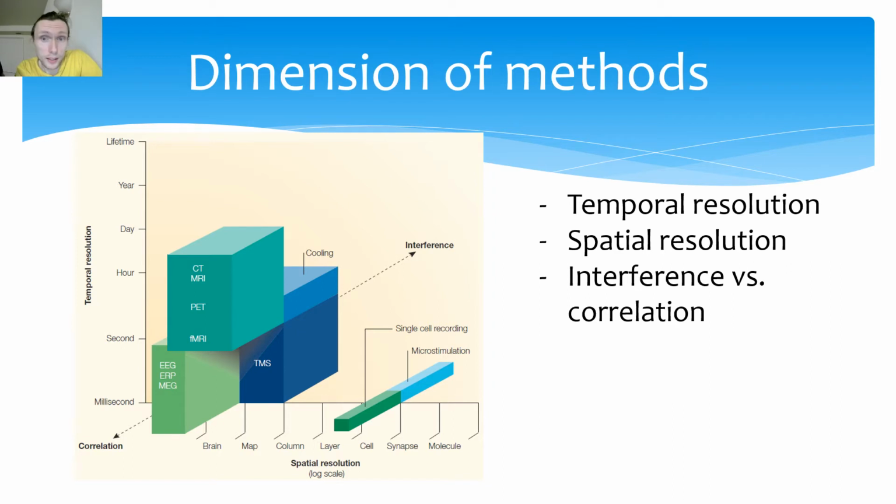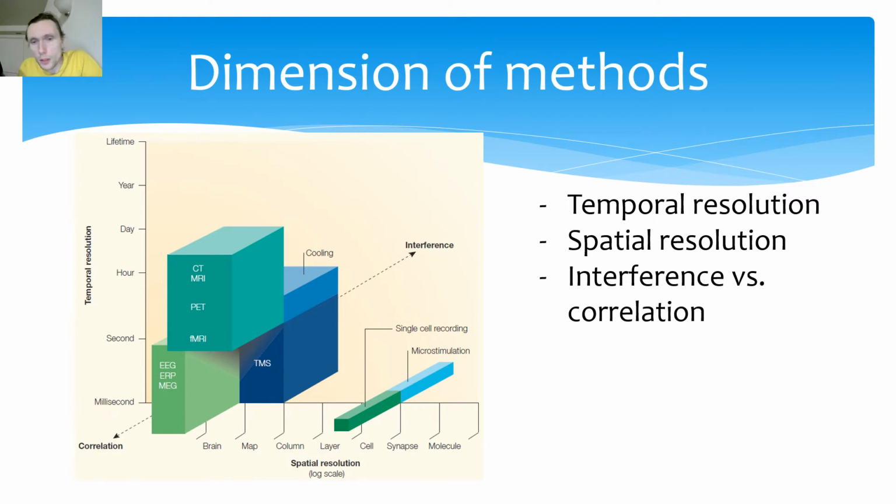You can just see that it is active during a certain task, but you're not sure if it's necessary. To be able to say something about this necessity or making a causal conclusion, you would have to interfere with the activity. So you have to change the activity to know whether a particular region is really important for a specific task.